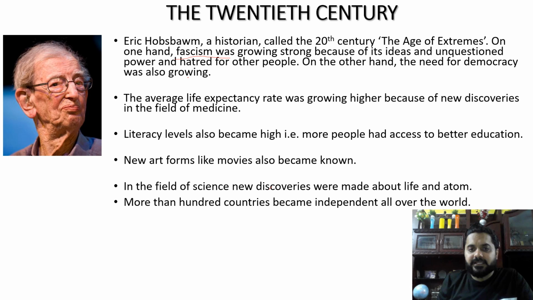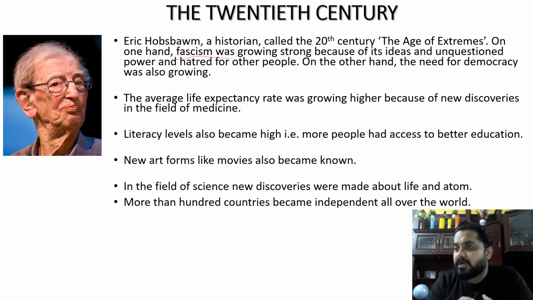The average life expectancy was growing higher because of new discoveries in the field of medicine. Literacy levels also became high, that is, more people had access to better education. New art forms like movies also became known to the public. In the field of science, new discoveries were made about life and the atom. More than 100 countries became independent all over the world.